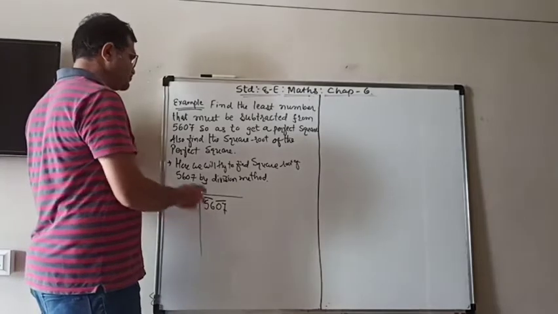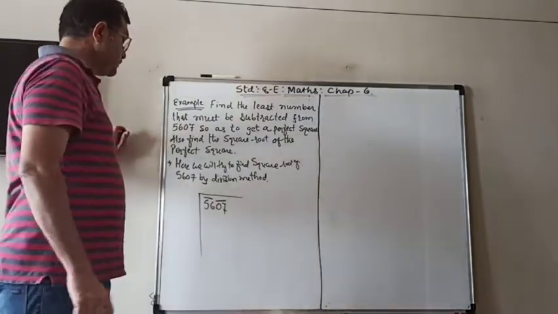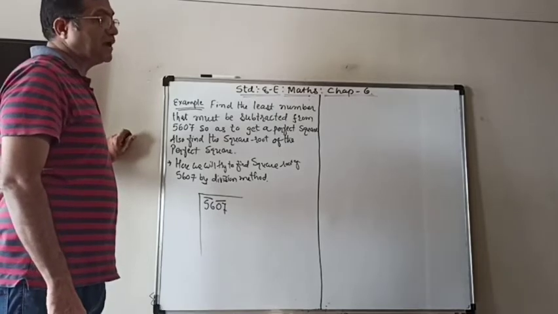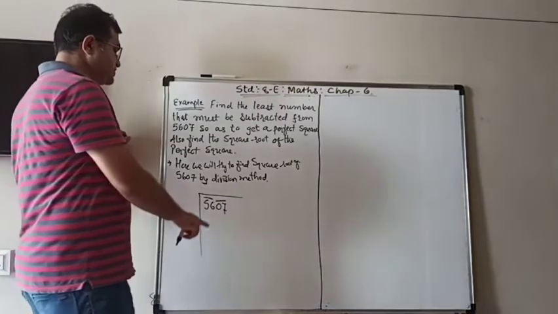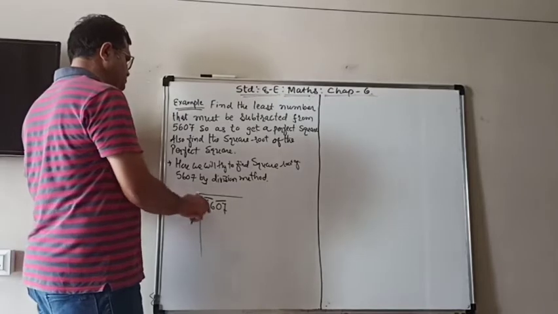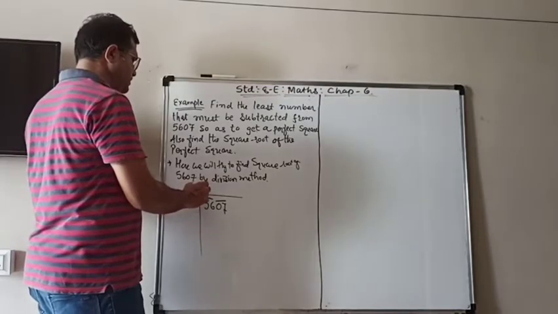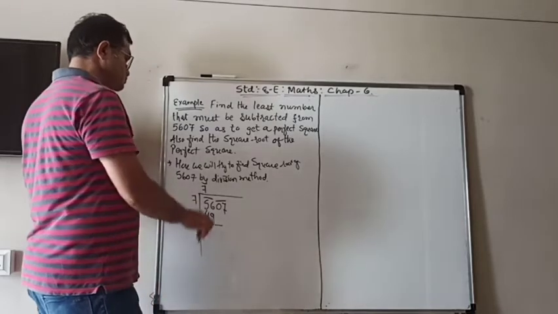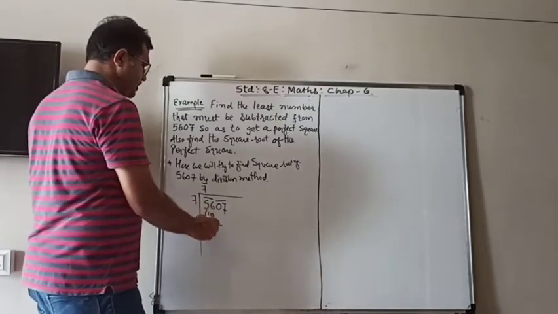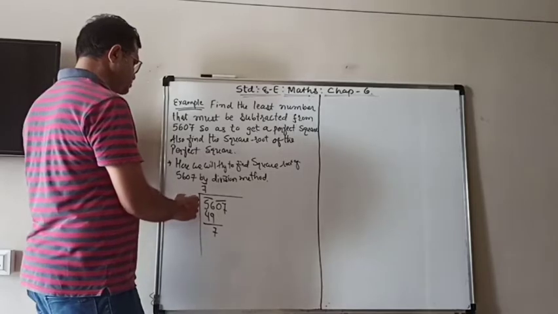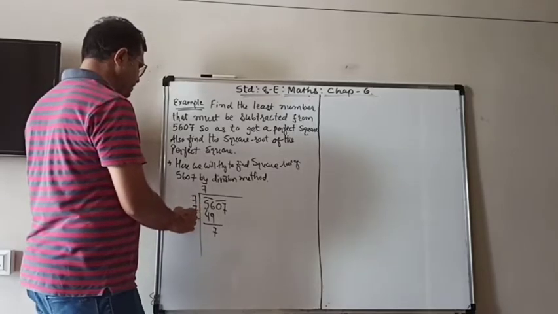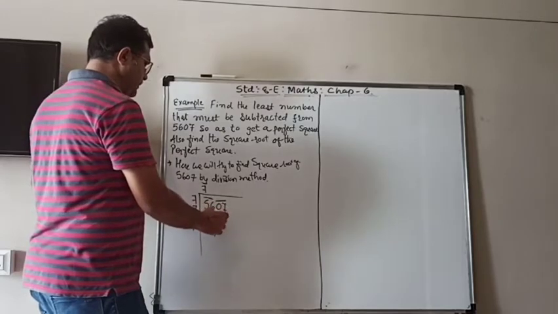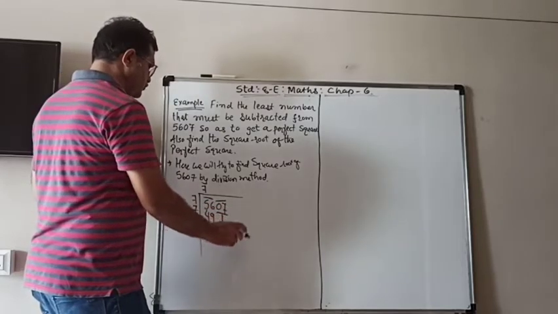Now the first pair is 56. Now 7 sevens are 49 and 8 eights are 64. 8 eights are 64 is more than 56. So we have to take 7 sevens are 49. 56 minus 49 is 7. And you have to again add here 7. So you get 14. And then the whole pair will come down.